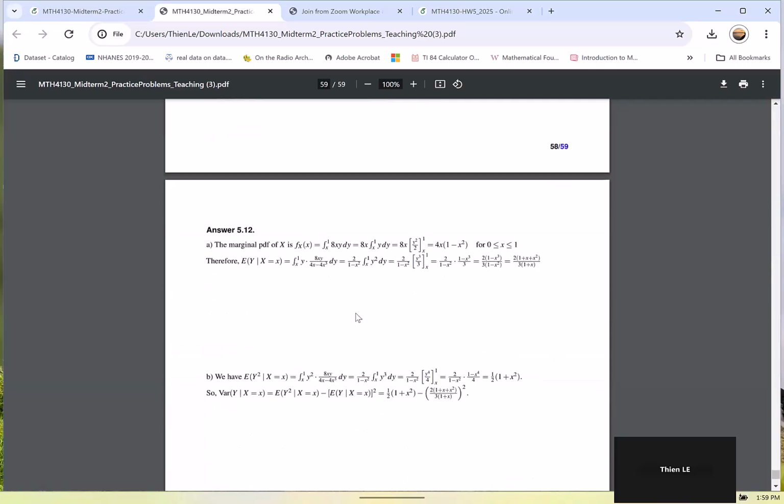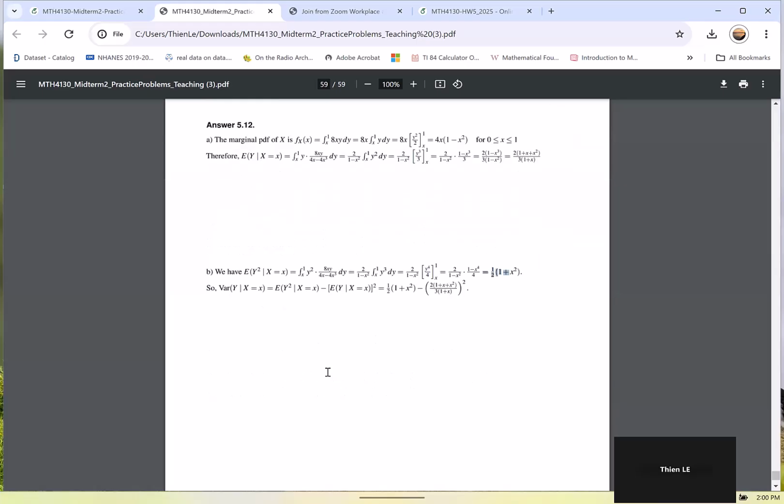But to make our life simple, we just fix X equals small x and see what happens. Then you use the second moment, subtract the mean squared. The mean you already got here, so the second moment you can get by following the same fashion: Y squared times the conditional probability density function. And from that you can also get the variance of Y given X.